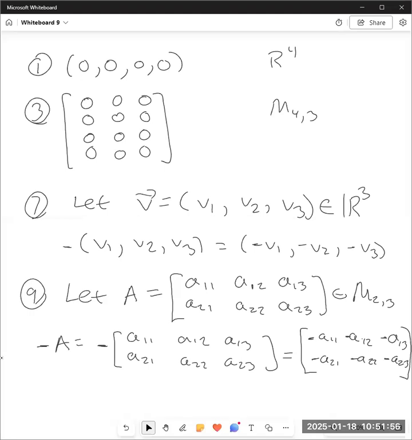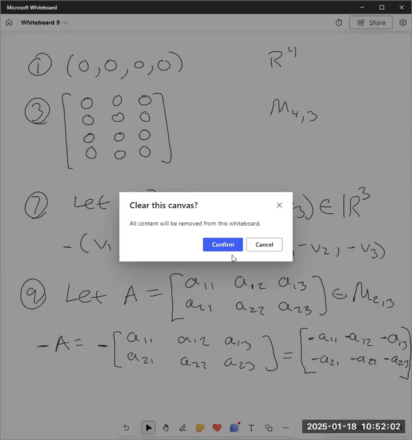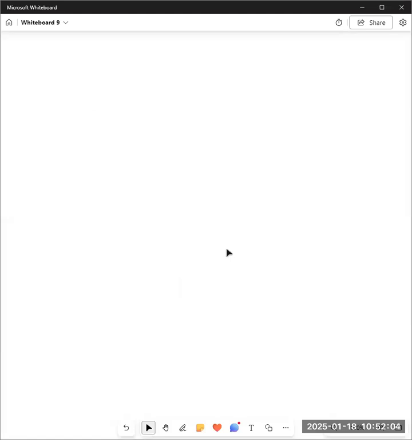Moving on to number 13, this is where we start testing for vector spaces. So get your axioms ready. Number 13 asks us to determine whether the set together with its standard operations is a vector space, and if it is not, identify at least one of the 10 vector space axioms that fails.